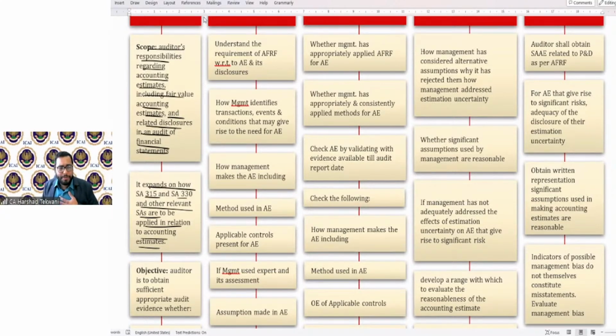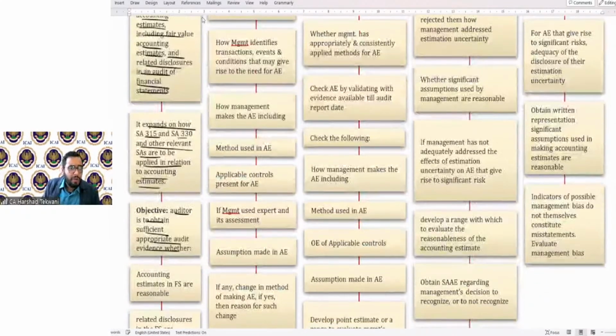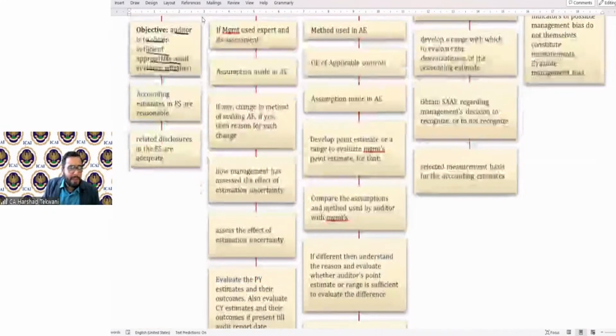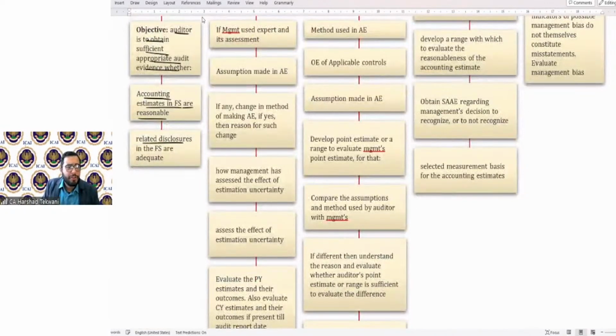Now, again, the objective of the auditor will be to obtain sufficient and appropriate evidence whether the accounting estimates in the financial statements are reasonable, and related disclosures in the financial statements are adequate with respect to accounting estimates. Now, these are the objectives of this particular standard and the objective of the auditor over here.